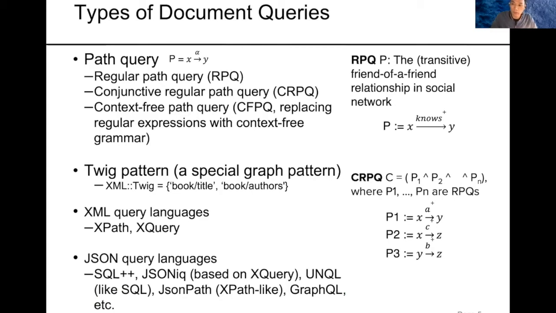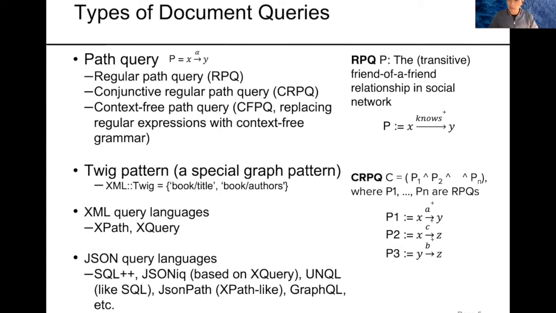A path query specifies a path from vertex X to vertex Y. Regular path query is a very important path query, and by applying conjunction on several regular path queries, we can get a conjunctive regular path query. If we replace the regular expression with context-free grammar, we get the context-free path query.